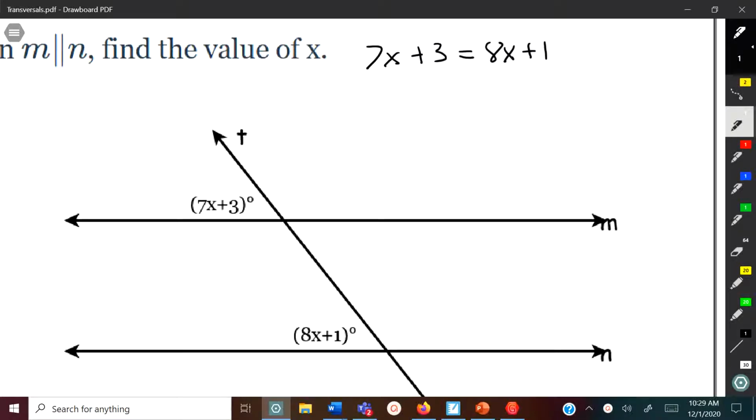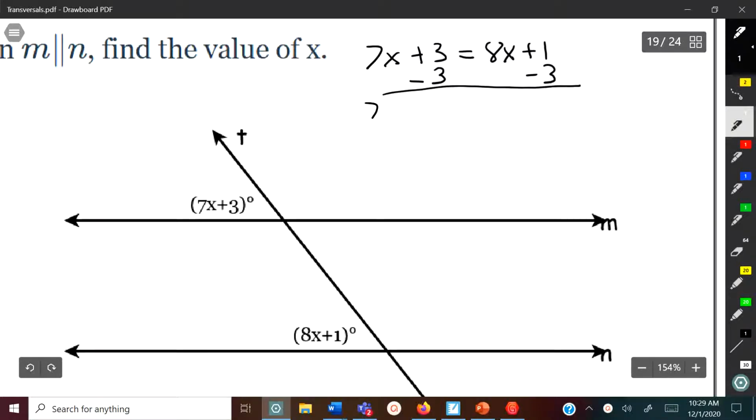And now we just solve the equation like we always do. We want to isolate the variable. We've got to get them both on the same side, but I'm going to move this number first. So I'm going to subtract 3 on both sides. Bring down my 7x. 3 minus 3 is 0. That's going to be equal to 8x, and opposite signs, different signs, find the difference. 3 minus 1 is 2.